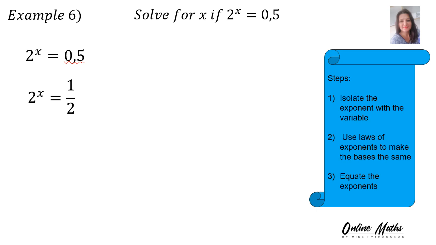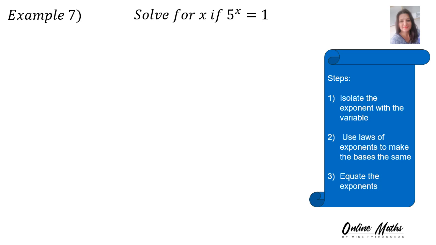Remember, here on the 2, if there's nothing as an exponent, there's an invisible 1. So therefore, we can now take the 2 to the 1 up, and it becomes 2 to the negative 1. And now we can say the bases are the same. We can equate exponents. Therefore, x is equal to negative 1.